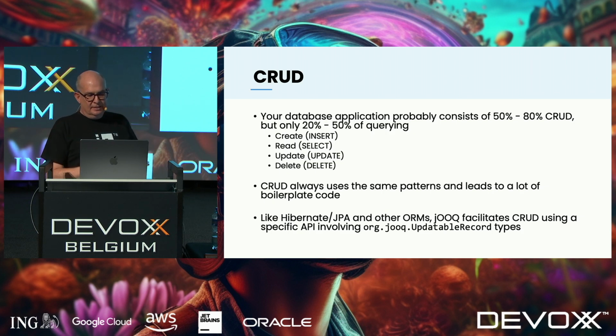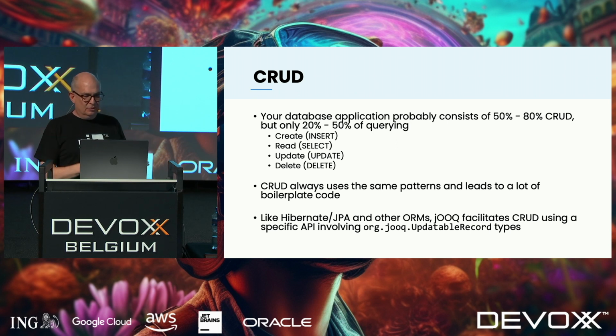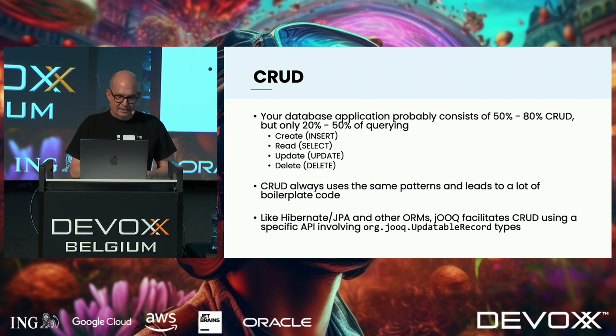That means you have already everything in place to do that. So if you have a simple UI and just want to display the record, you can enter the data and save it, then you're good to go. As I said, this updatable record implements the active record pattern.